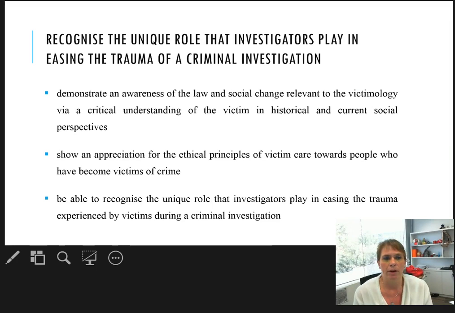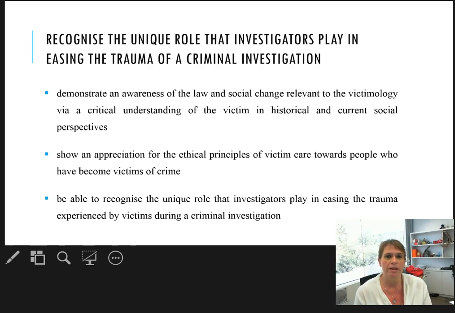In terms of the recognition of the unique role that investigators play in criminal investigation and victimology, we will look at how ethical principles of victim care towards people who have become victims of crime is key to understanding how they will interact with the criminal investigation.